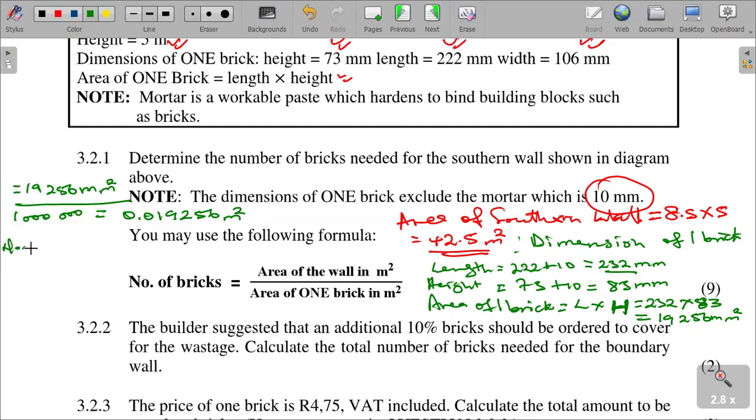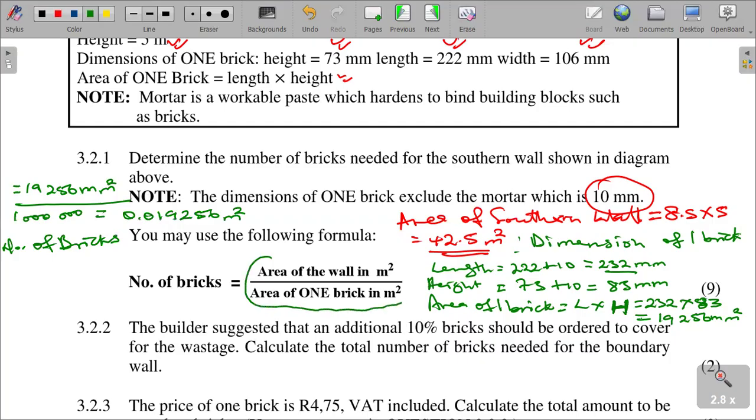And then, having said that, number of bricks is equal to area of the wall divided by area of one brick.